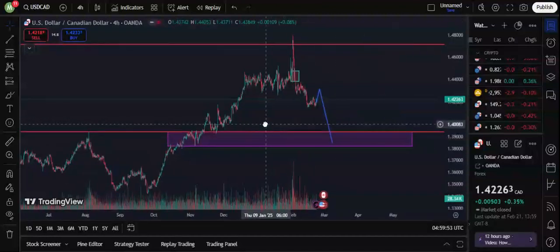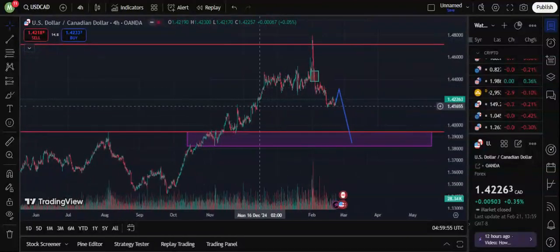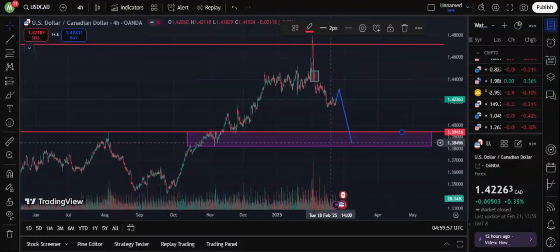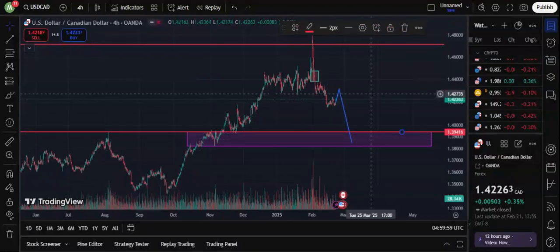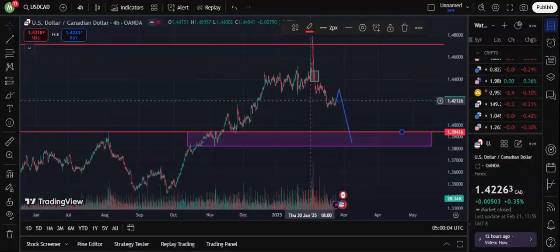So that is what we are expecting. We are expecting price to come here before we start buying.